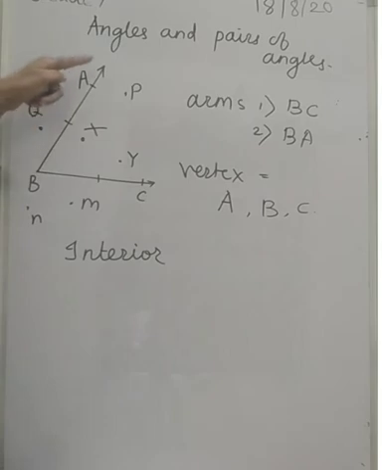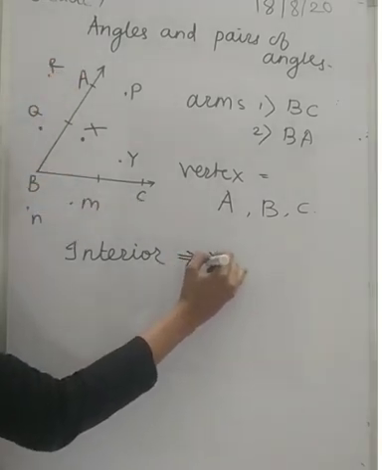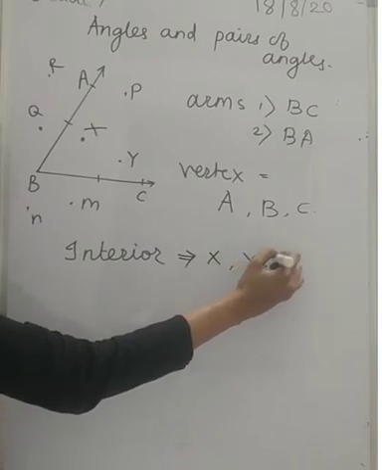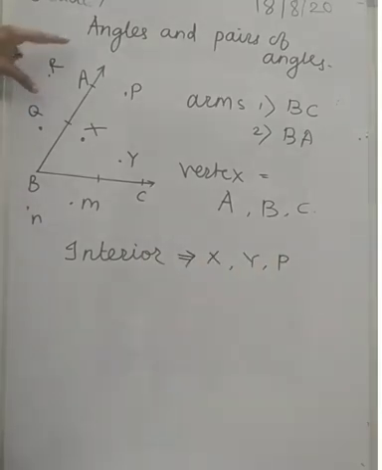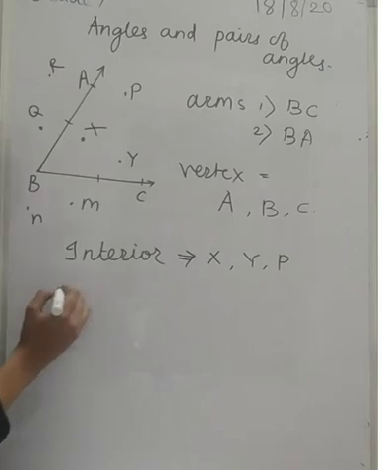So which points are there inside? X, Y and P. And the points which are on the outside are called points in the exterior.